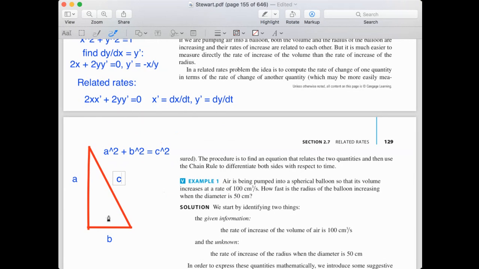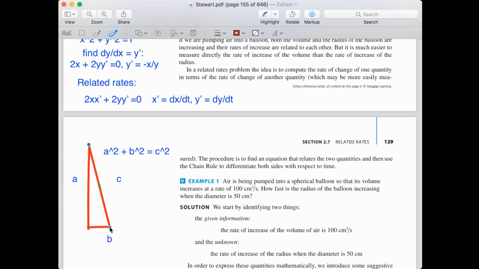Now, with this triangle, think about it, we have a piece of string. We can make this triangle, so the perimeter of this triangle will not change, but we can change the shape. Maybe I make this one longer or shorter, then I have to change this one accordingly.